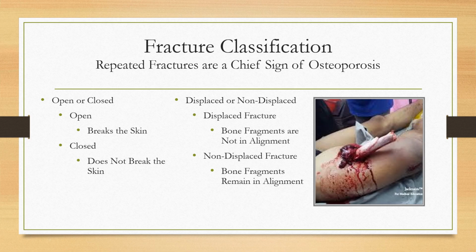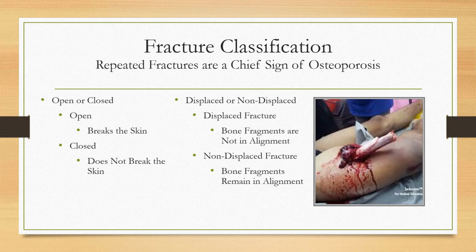Okay. What's a displaced or a non-displaced fracture? Well, a displaced fracture means that the bones just don't line up the way they were anatomically. Okay, they're just not in alignment. So sometimes we have to reduce them and put them back into alignment. And that might be a closed reduction where we can do it just with some analgesia and sedation and we can just adjust it.